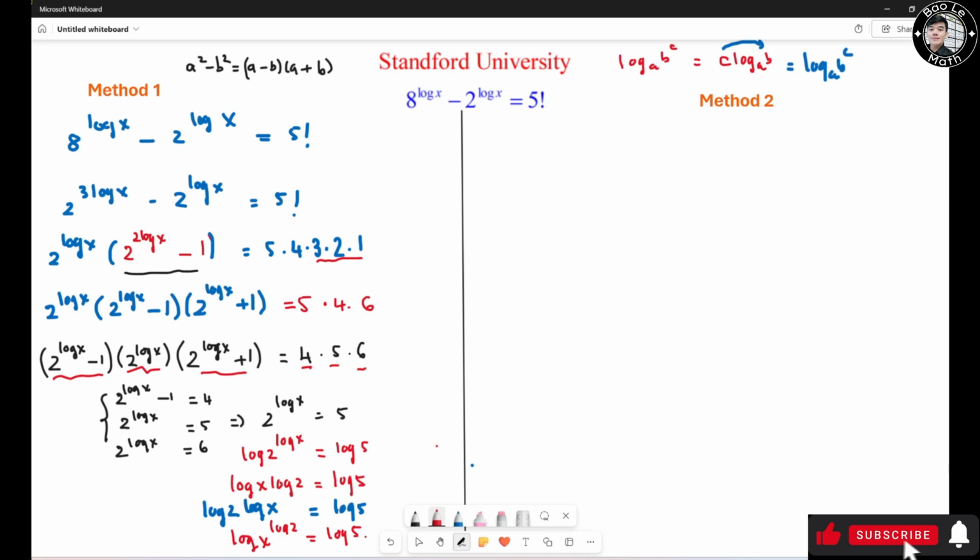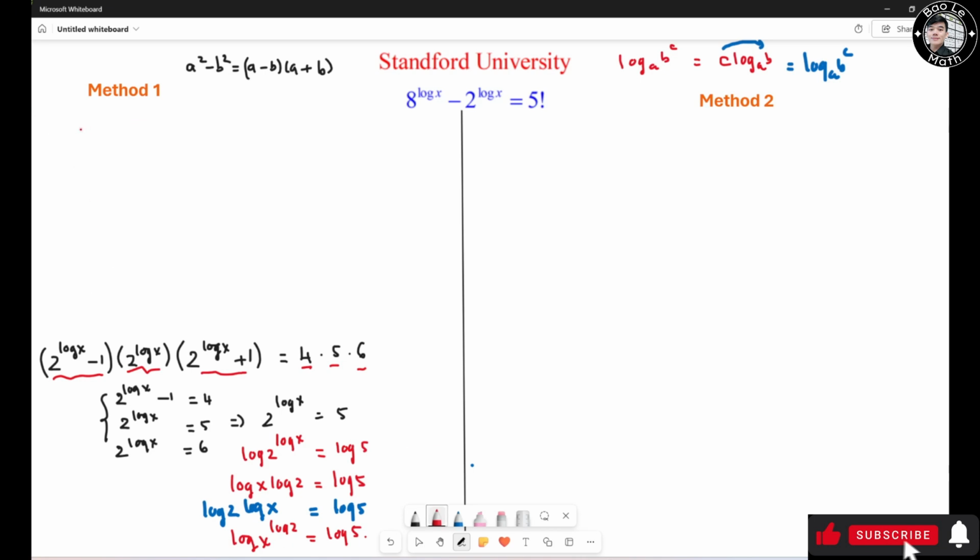Now I bring it over here, so log of s to the log 2 equals log 5.